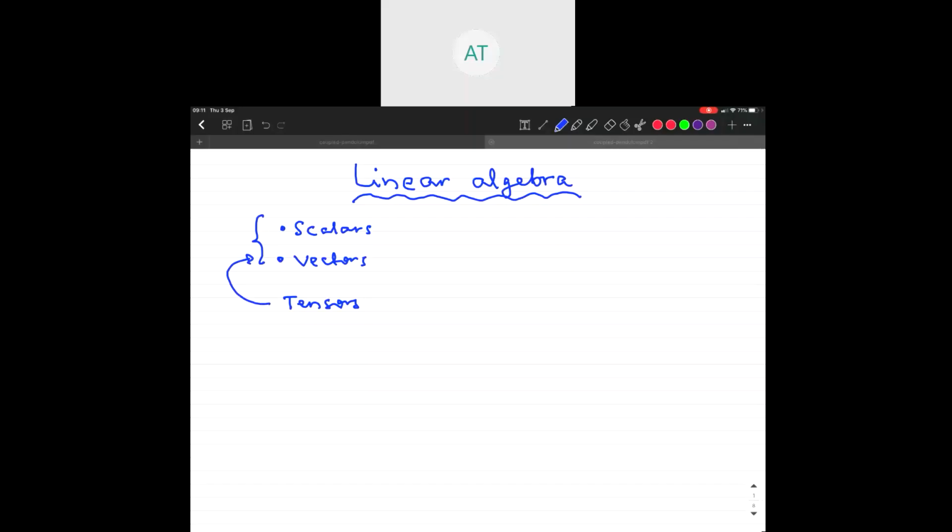So you can say scalars are rank 0 tensors, vectors are rank 1 tensors, and tensors can be of any rank. These things will become much clearer when we have a physical picture for physical objects which are scalars, vectors, and tensors.